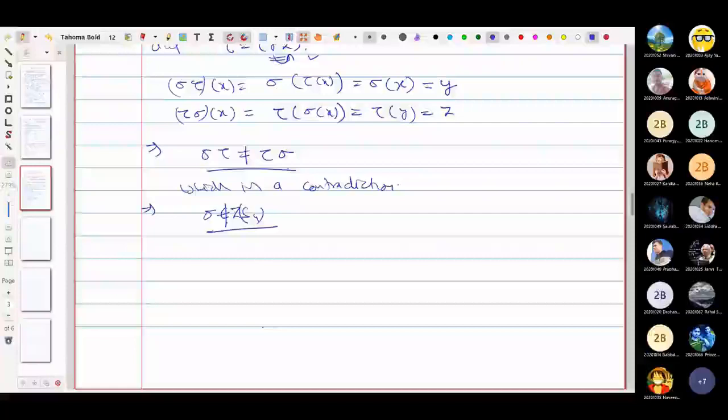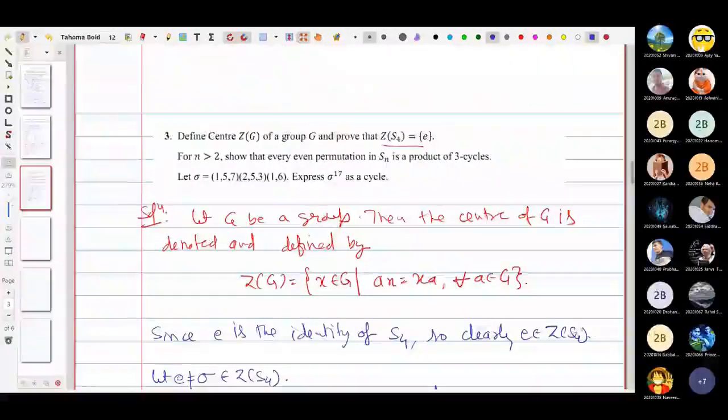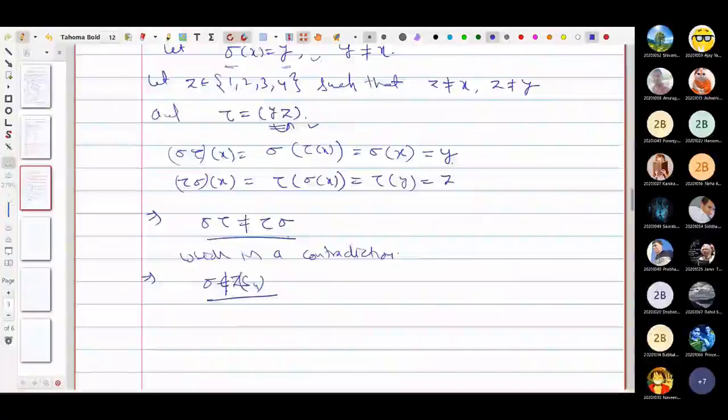Let us see the next part. So for n greater than 2, we need to prove that every even permutation in Sn is a product of 3 cycles. Every even permutation is a product of 3 cycles.